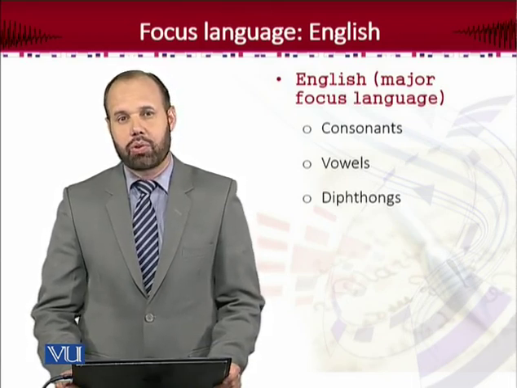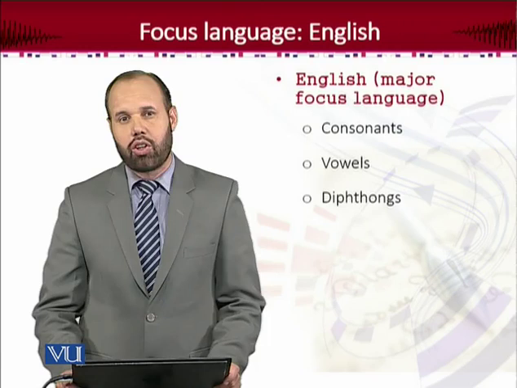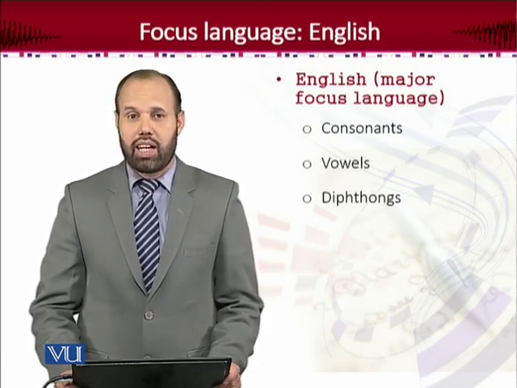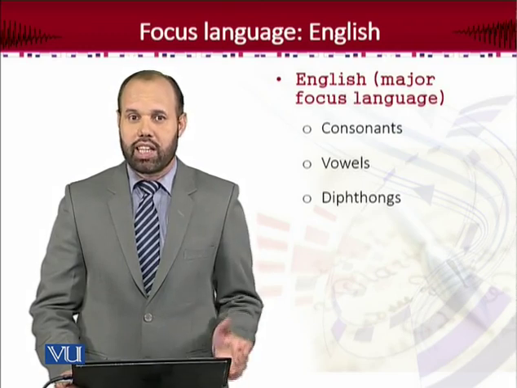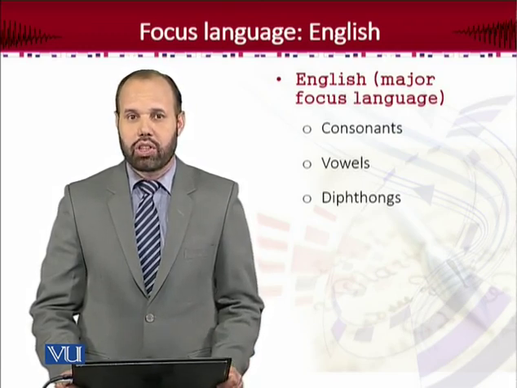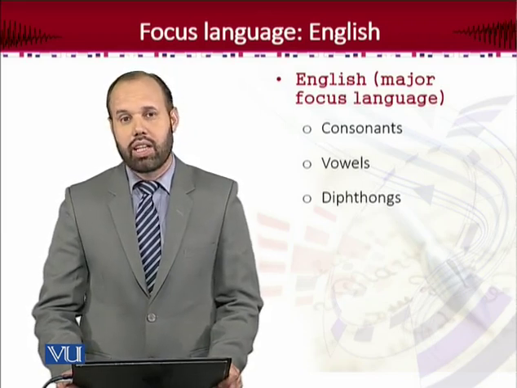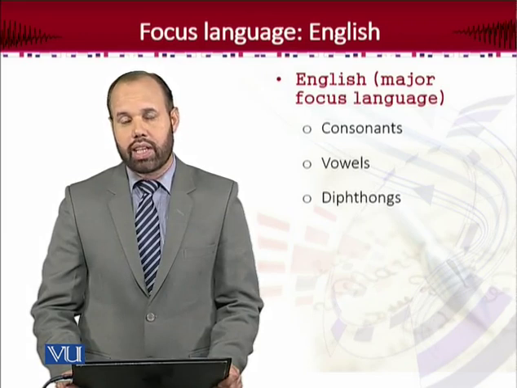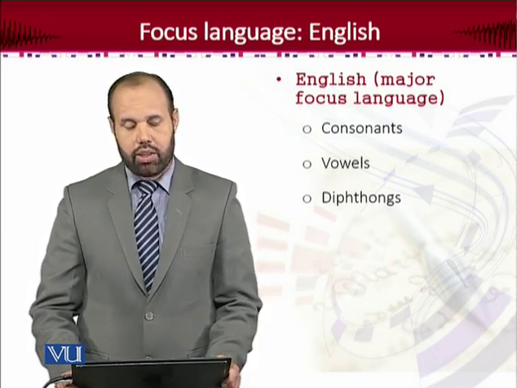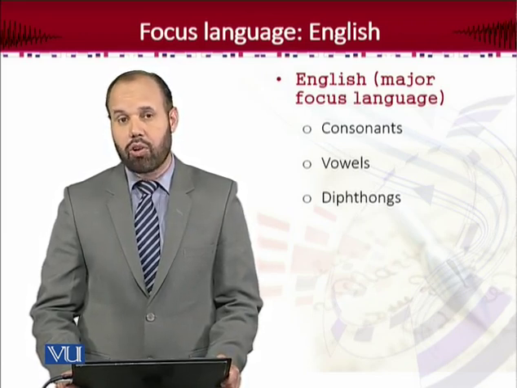And the focus would remain not only on the pure vowels, but also on diphthongs, right? Diphthongs, since English is spoken by majority of the people, the scholars, so it is very easy to take examples from English, okay? So that's why we have selected English as our focus language.